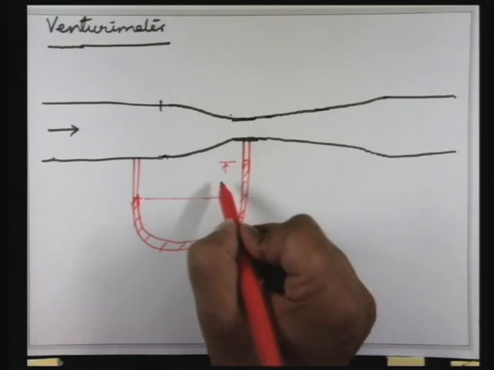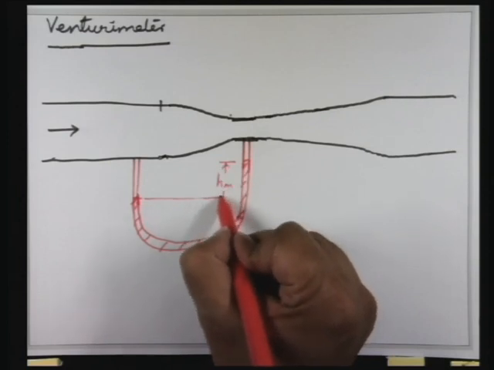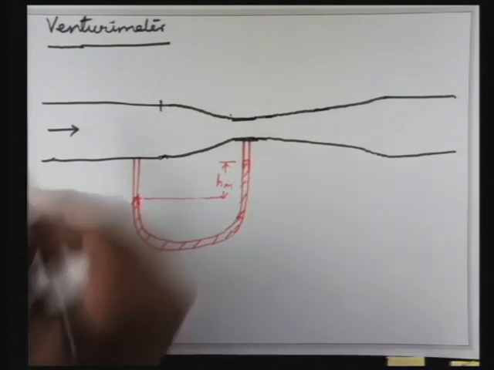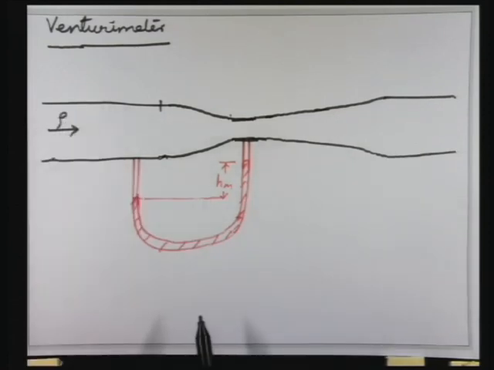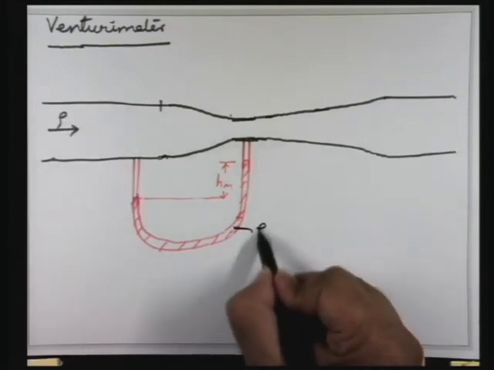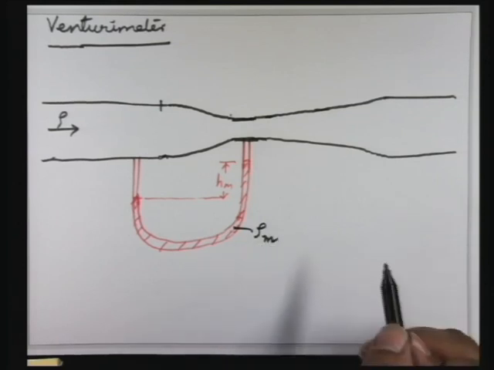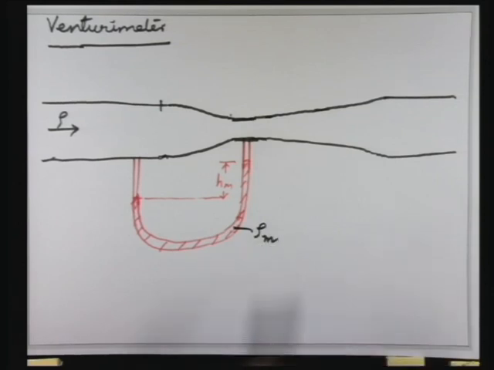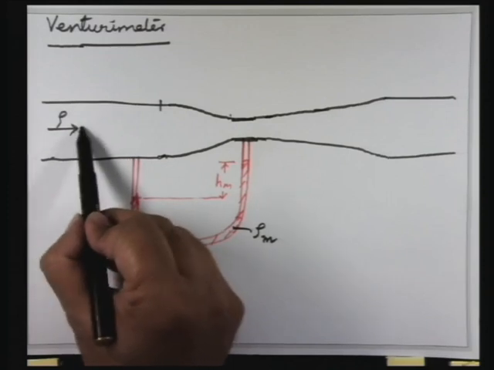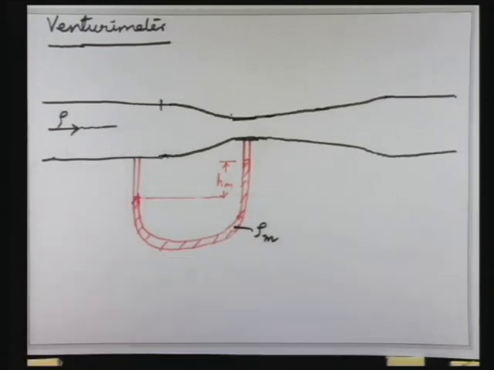So this is your H_M, let us say. So you have a fluid of density rho flowing through the pipe, and you have a manometer fluid of density rho_m. Okay. Now you take a streamline which is along the center line.